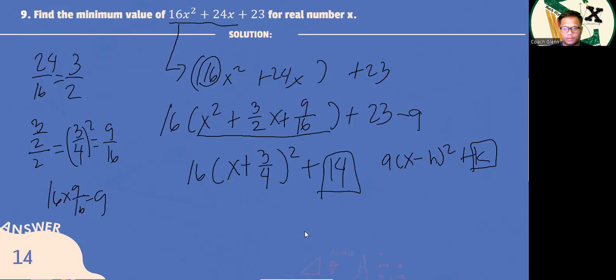Hello. Yes. Why did you divide 24 by 16? Because we factored out 16. We factored out 16. It becomes here. That's why it's 24 over 16. So it was 24 over 16, and then we just simplified it to 3 over 2.